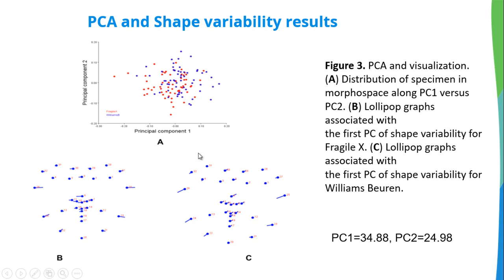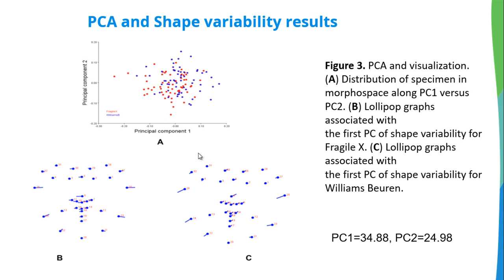We can also discuss some things under this briefly by simply saying that of all computed PCs, PC1 and PC2 explain more than half of the total variation. Yes, because when you add 34 plus 24, it is already more than half. Good.